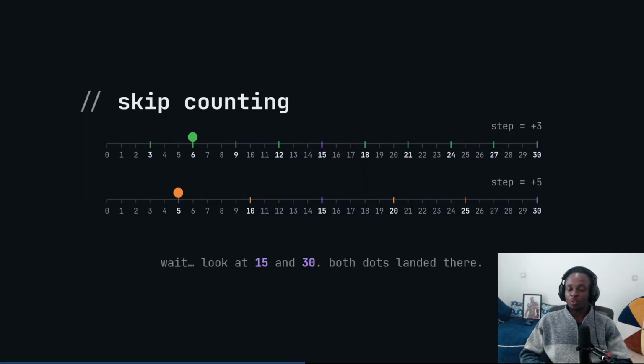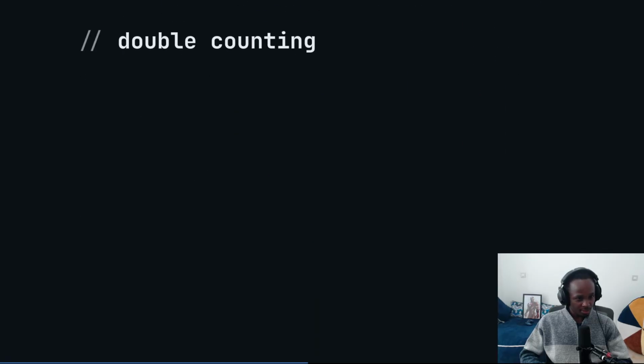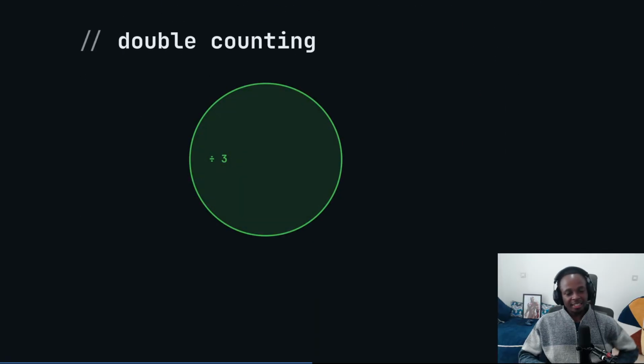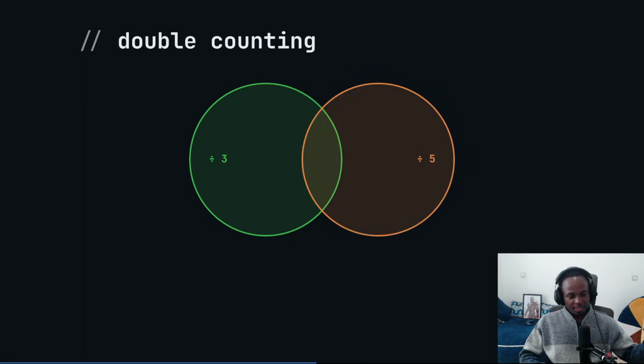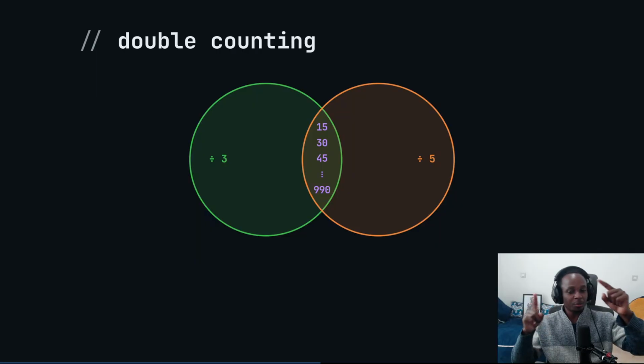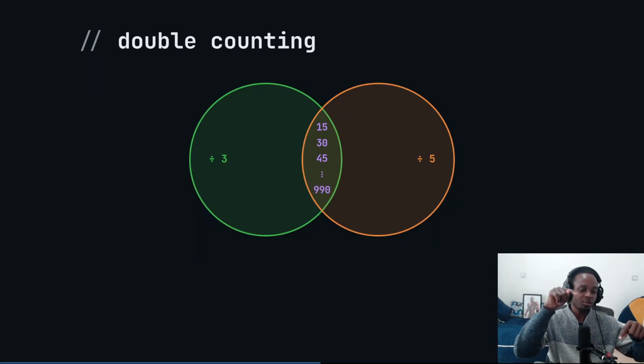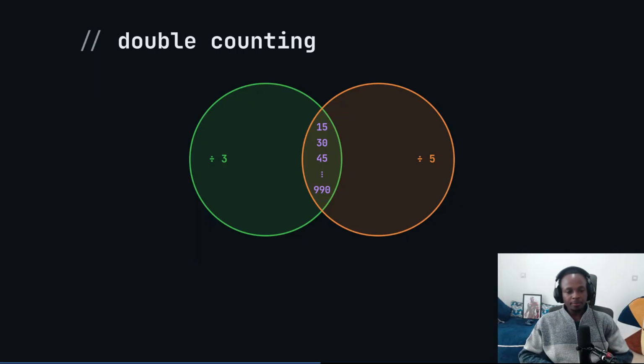That's going to be a bit of a problem because 15 is supposed to be counted only once, not twice. So basically, this is an illustration of that. When going through the multiples of 3, we include multiples of 15, and when going through multiples of 5, we include multiples of 15 too. So 15 is included twice, basically.